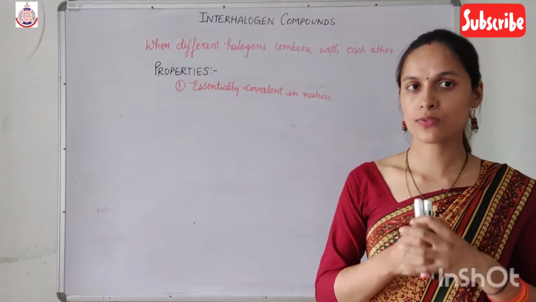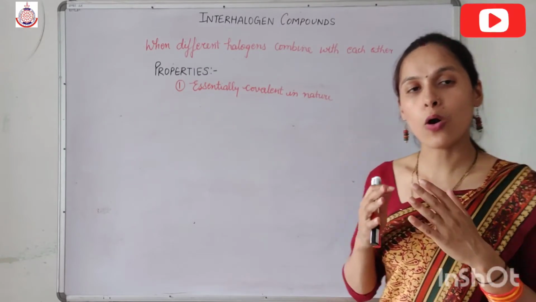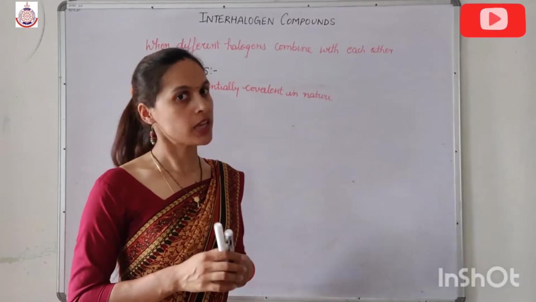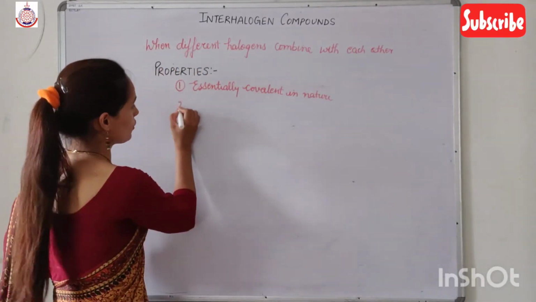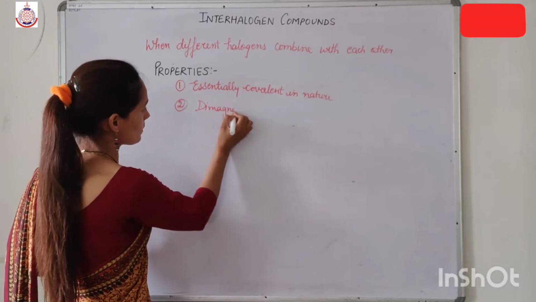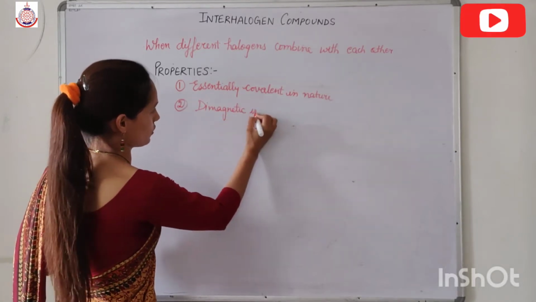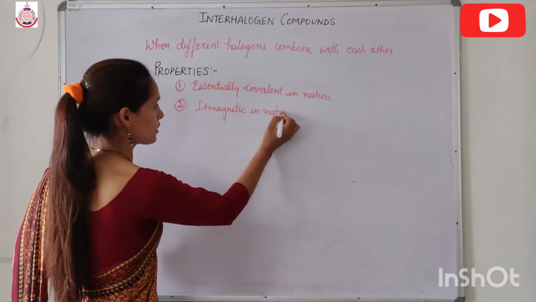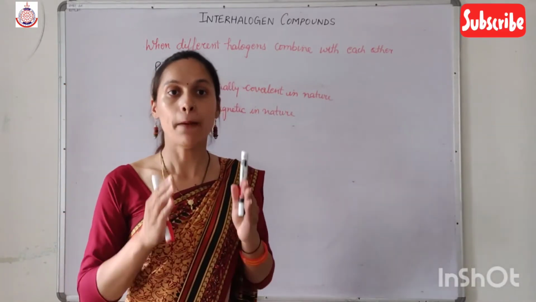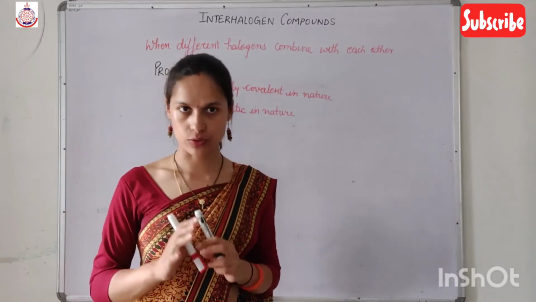Therefore, all the interhalogen compounds are essentially covalent. Second, all the interhalogen compounds are diamagnetic in nature due to the presence of paired electrons.